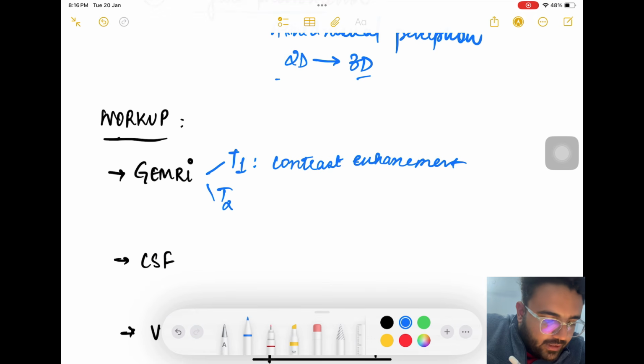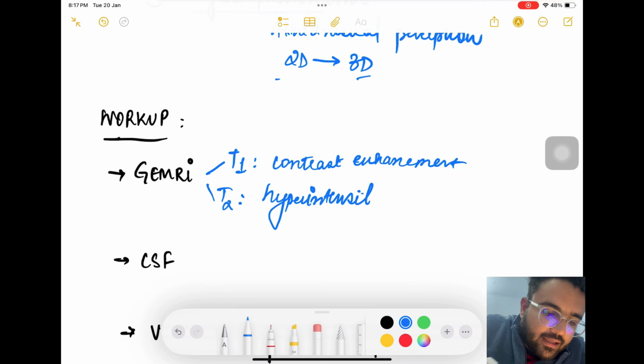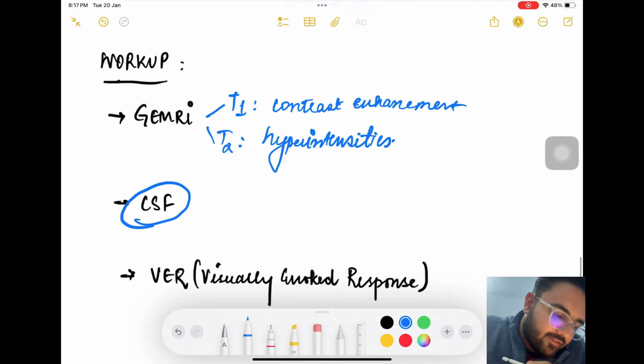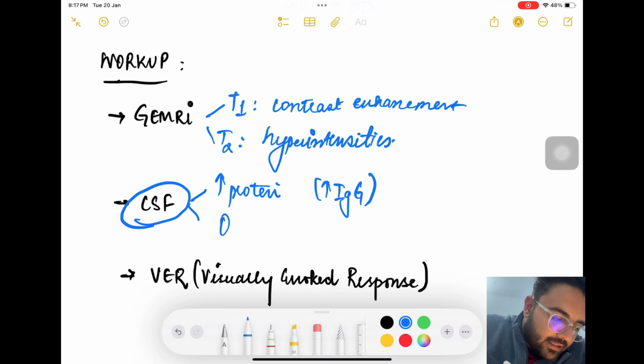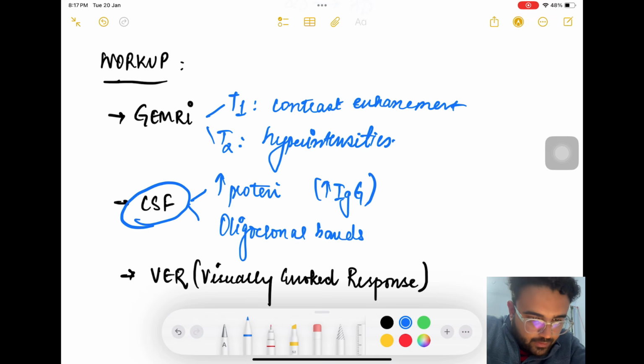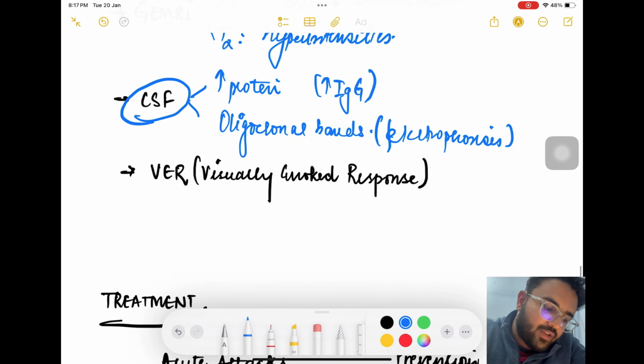And on T2 weighted imaging you will see hyperintensity, which I have already explained, that we call Dawson fingers, and also when it is periventricular. In CSF there are increased proteins, that is increased IgG, and you have oligoclonal bands, which are seen on electrophoresis of CSF. In visually evoked response you see increased latency.